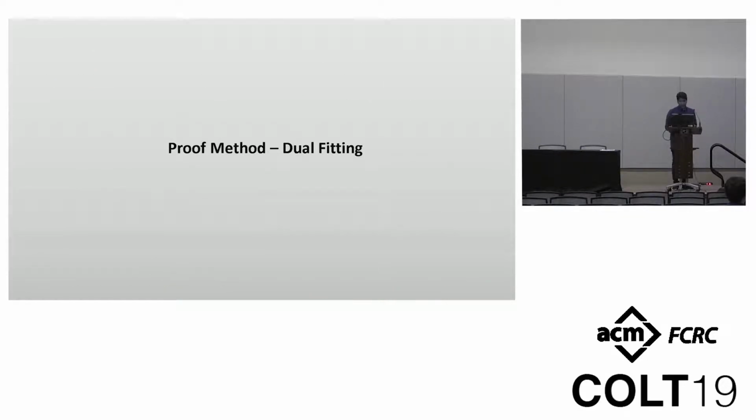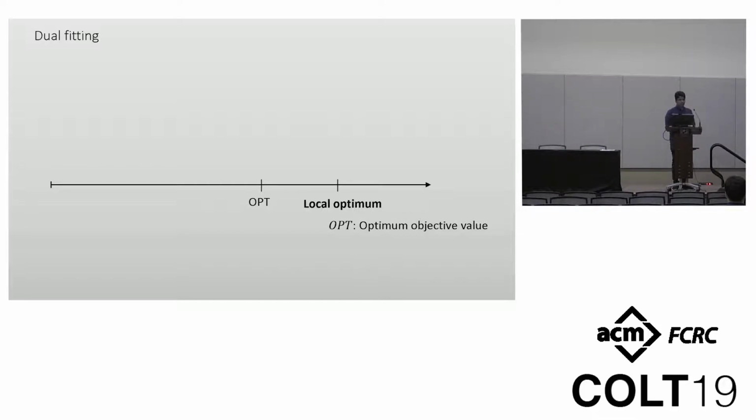All right. Now, how do we prove our results? We prove it by this methodology called dual fitting. Unfortunately, I don't have time to go into the detail, but the basic idea is this. We have a local optimum solution. Let's say we want to show that it is within a 1 plus epsilon factor of the optimum objective. Now, we can't directly compare it. So what we do is we formulate a convex relaxation.